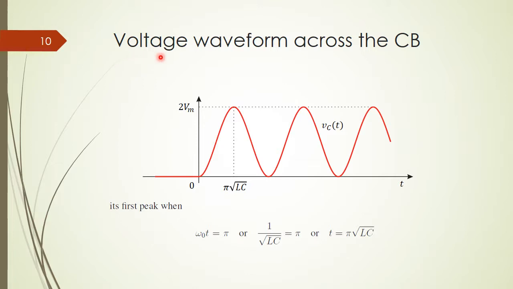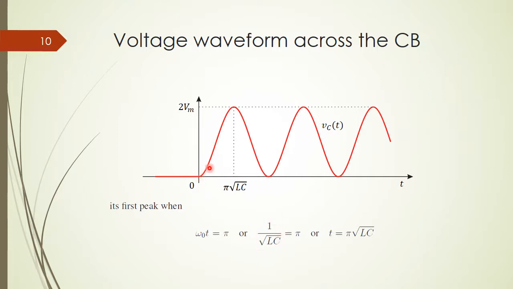So we try to plot the voltage waveform across the circuit breaker. It looks like this. Before we open the circuit breaker, the voltage across the circuit breaker is 0 because of the short circuit. Right after that, the voltage will rise and oscillate with the frequency omega equal to 1 over square root of LC.